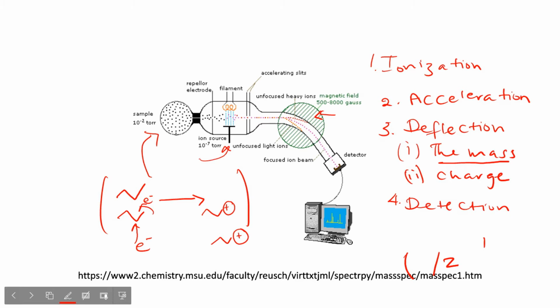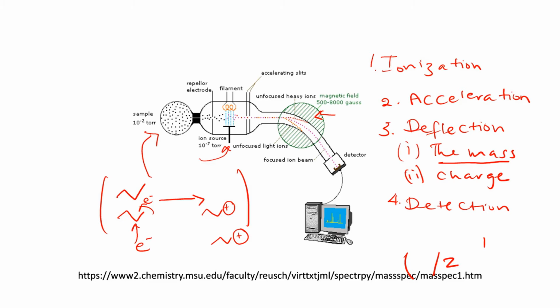So the ion stream that I was referring to reaches the detector. It hits it, and then a flow of electrons is detected. So when it hits the detector, it results in a flow of electrons. And then this is detected as an electric current. It's amplified and then recorded. So it hits the detector, results in a flow of electrons.